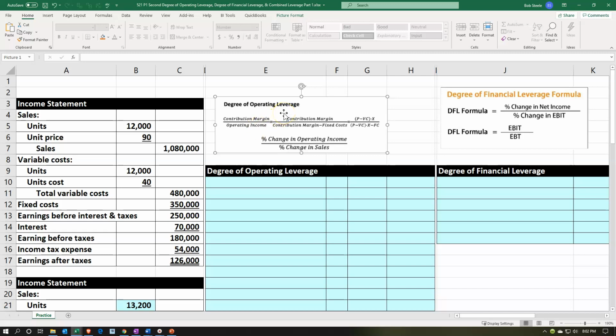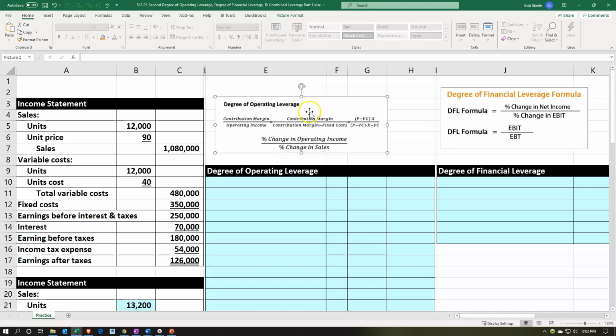But if you memorize it as one of these first two, then you just got to know the definition, of course, of these two items. The top definition being the contribution margin, which could be said to be the total contribution margin, sales minus the variable costs, which means we've got to format our income statement in the format of a contribution margin income statement as opposed to a normal formulation of an income statement.